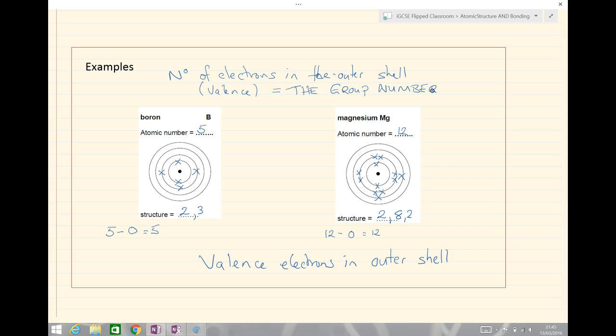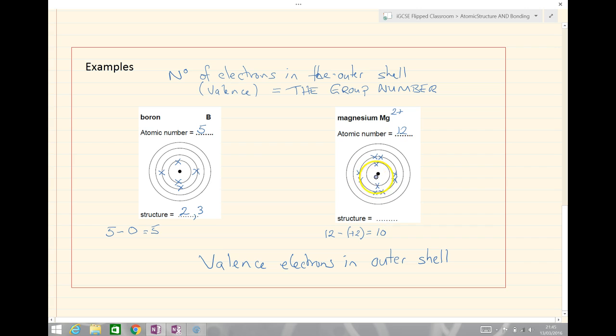The only final example we didn't really look at there was if we had a charged species. Well, let's have a look then. Let's imagine we had magnesium with a 2+ charge. The atomic number would still be 12. The number of electrons would be 12 minus +2, giving us 10 electrons.